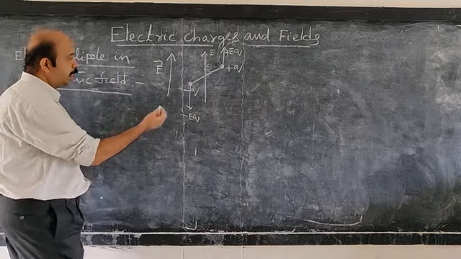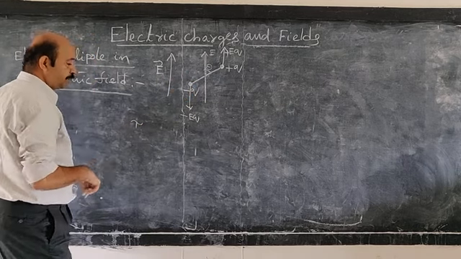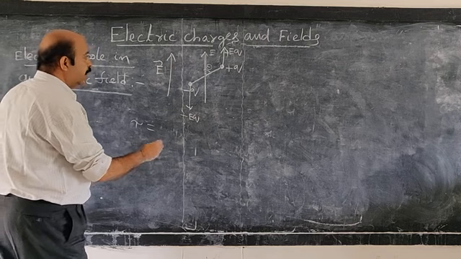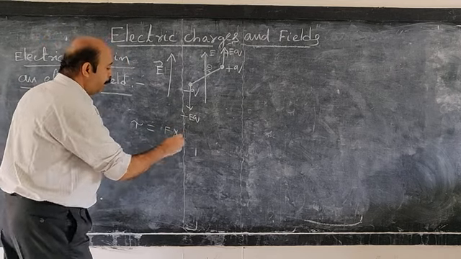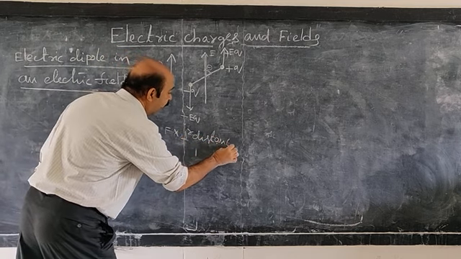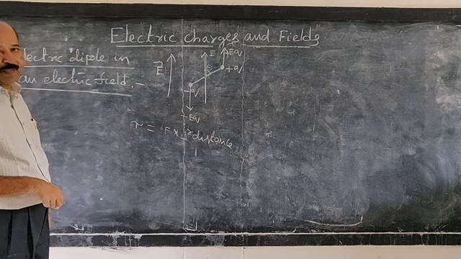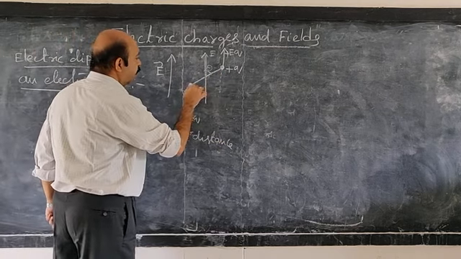Now, how to calculate this torque? The moment of the couple is given by the force multiplied by the perpendicular distance between the lines of action of the forces. So you consider this and this.